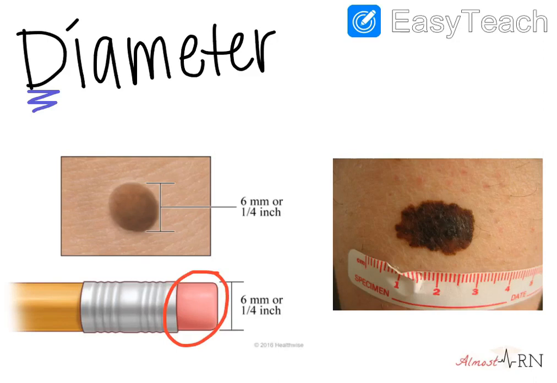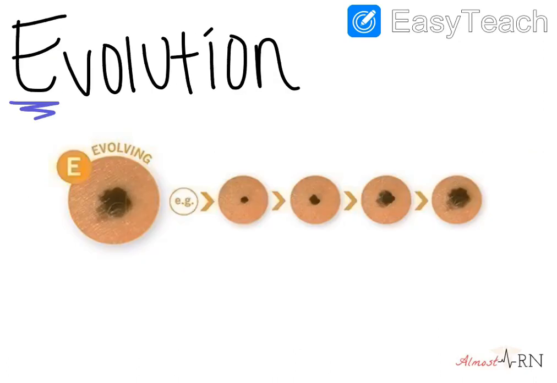You'll also see a lot of dermatologists carry around rulers and that way they can actually measure and record the size of the mole, because our next part of the acronym is evolution. We do not want these moles evolving. Evolution can indicate a big melanoma flag.